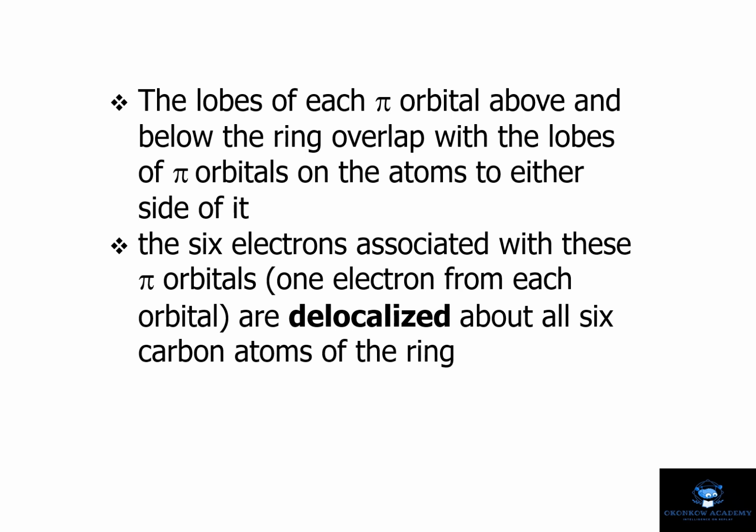They are shared across all six carbons equally. So this is resonance in action. No single Lewis structure accurately represents benzene. The real structure is a resonance hybrid of all contributors. This delocalization is the source of benzene's thermodynamic stability.